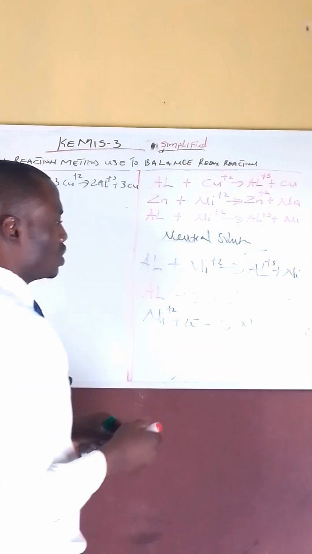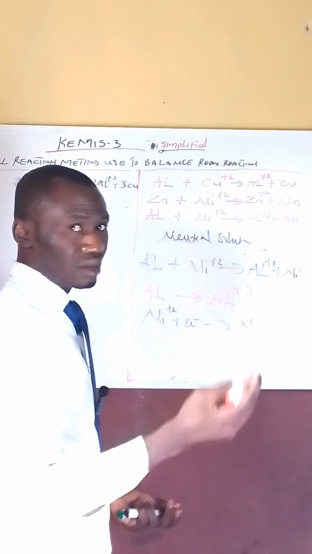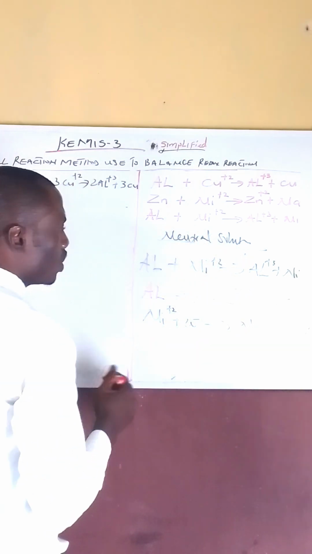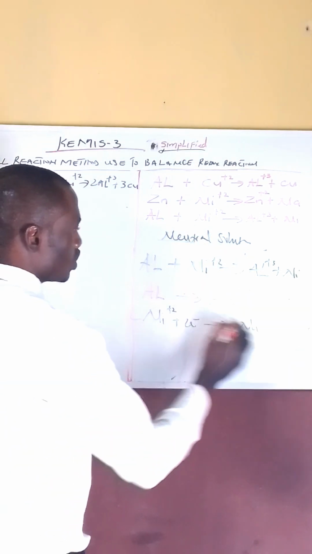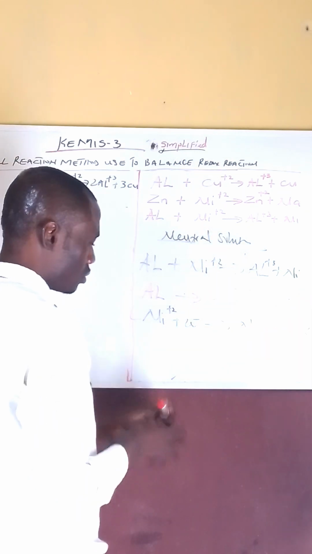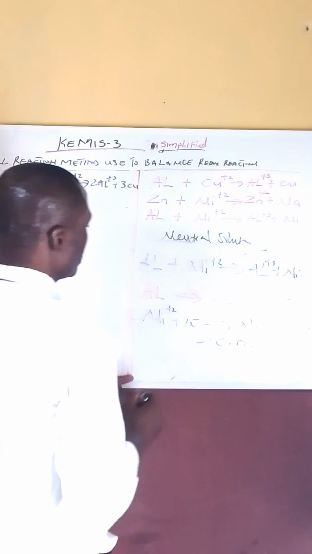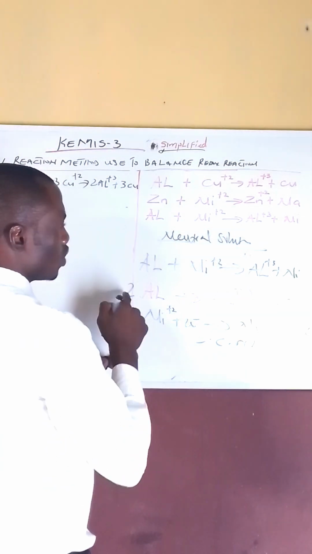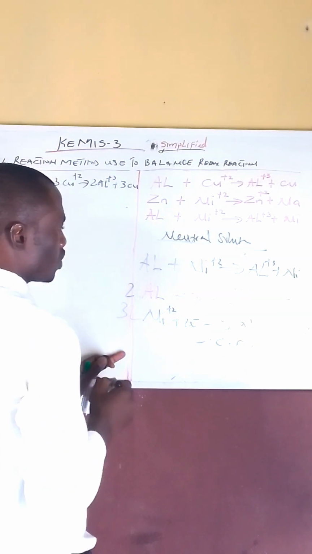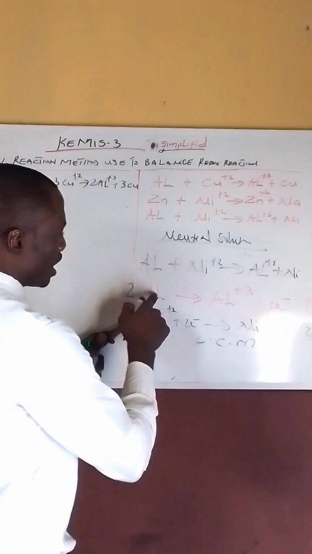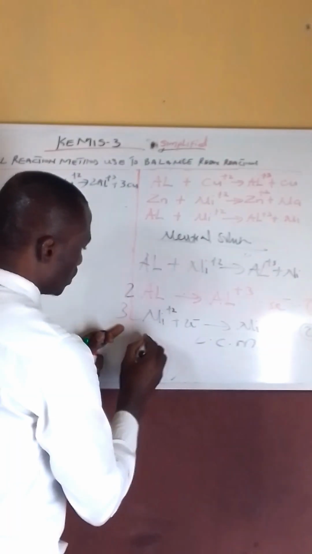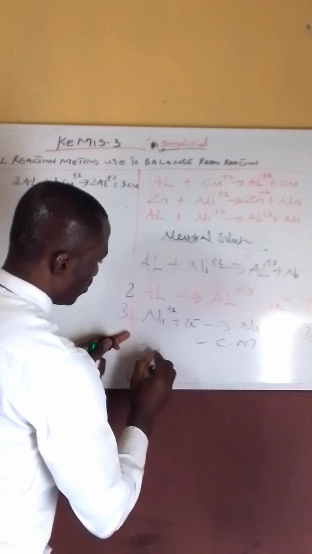Now, what we're going to do is that you can pause the video and solve. Now, what we're going to do is the LCM between these 2 equations. What's the LCM between this equation? Now, I'm multiplying this one by 2. I'm multiplying this one by 3. 2 times 1, that is 2 aluminium.